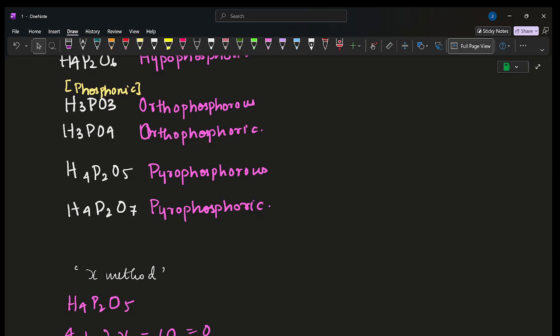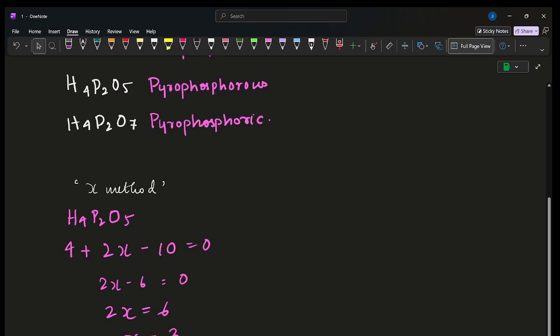But the next important thing I want to teach you guys is the structure. Structure is the most fun part because you can easily deduce it by yourself. So let's move on to that right now. Okay.